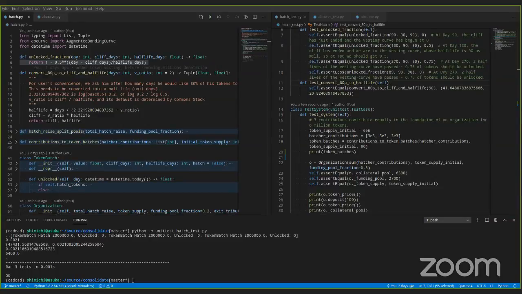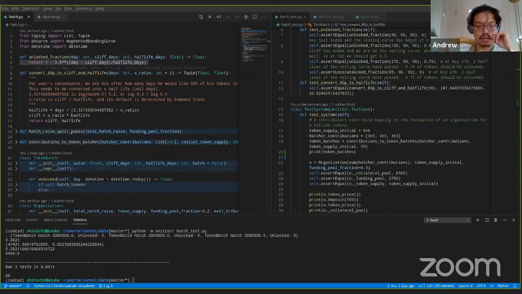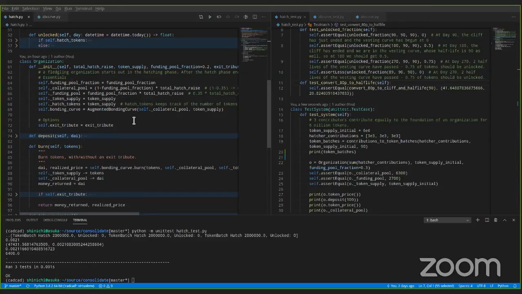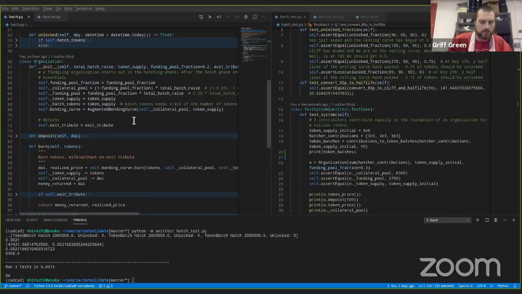Do you need some help from us, Andrew, or can you continue working on that? Should I redo the token batch thing, or should I go on to the conviction voting and proposal stuff? I would say don't redo anything.